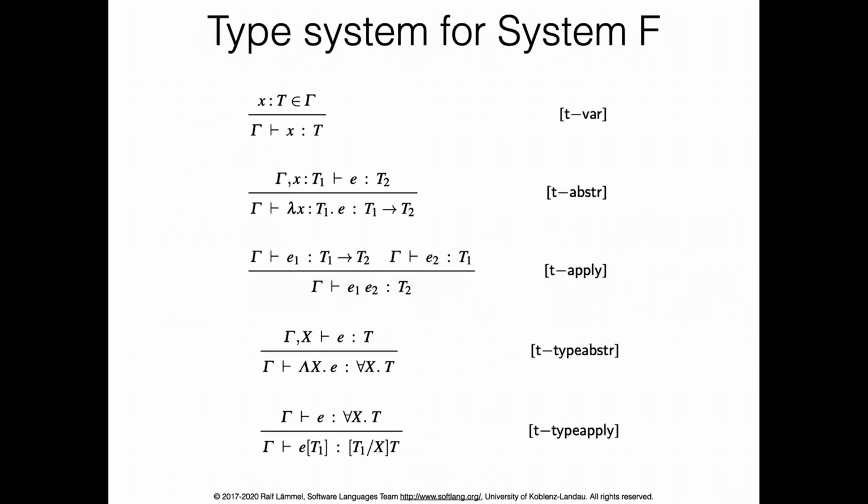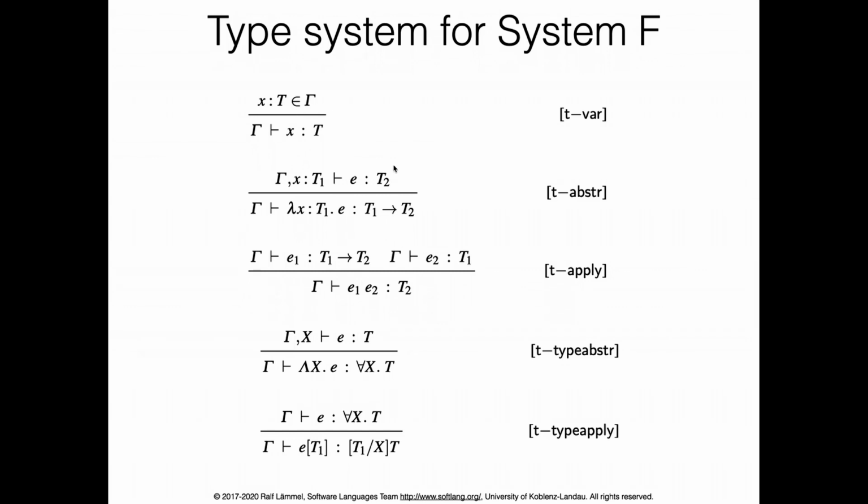Okay, so let's look at the type system for System F. Obviously, there are a few rules that are similar to the simply typed lambda calculus, and then there are specifically rules dealing with the new expressiveness of System F. So the first rule here is pretty much like in the simply typed lambda calculus. So when we hit some variable x, well, x is of the type whatever the context gamma says.